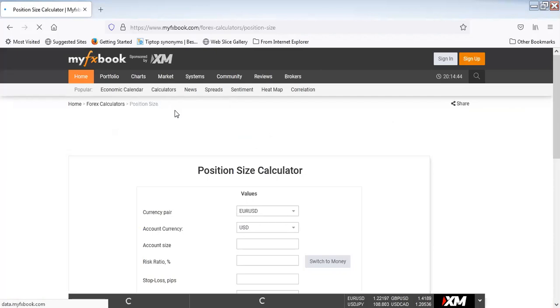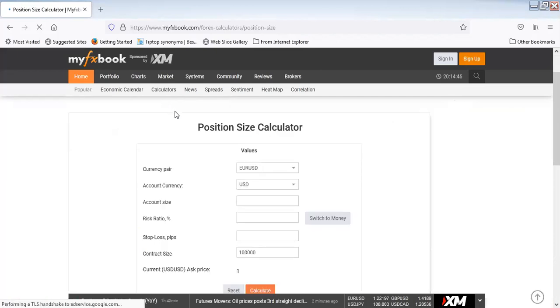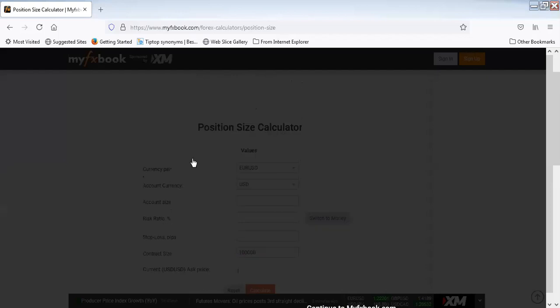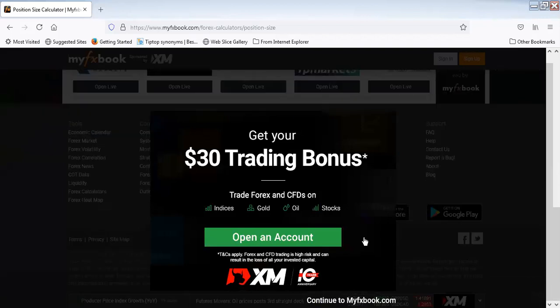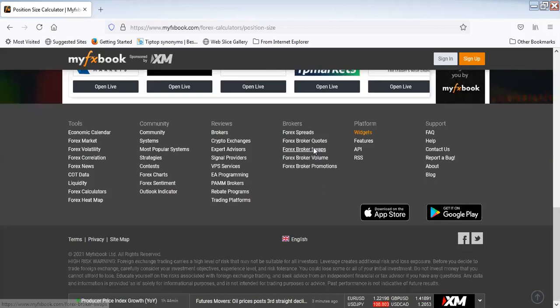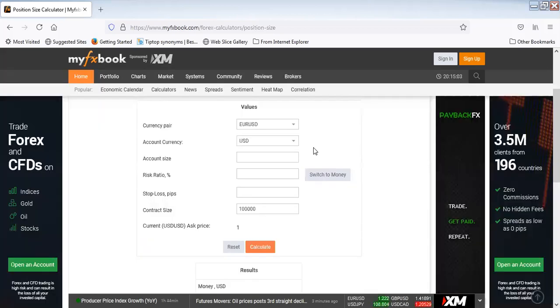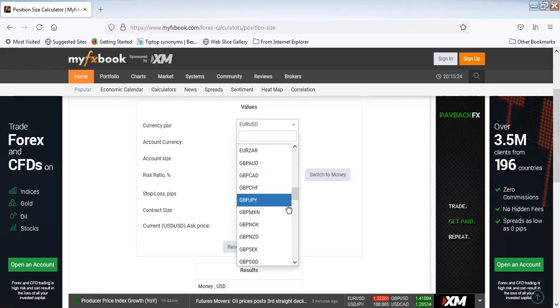Once you get there, a region will pop up with currency pair, account currency, account size, risk percent, stop loss in pips, contract size, and ask price. Let's say the currency pair Madam Kemi wants to work on is GBP USD.